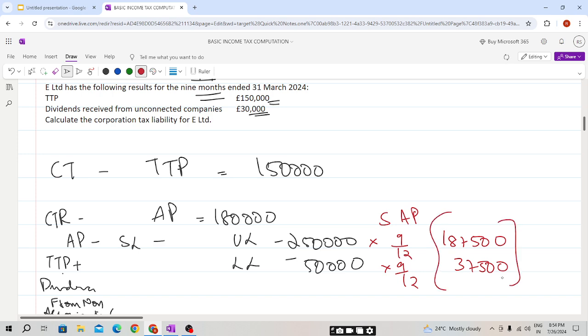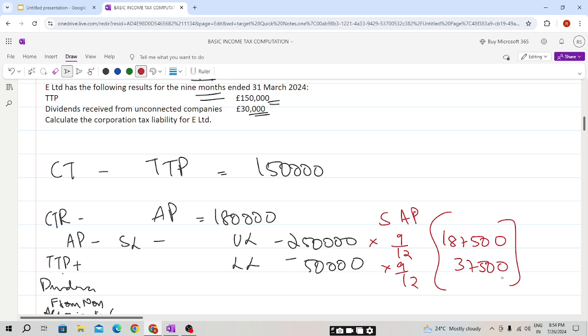Now if the augmented profit is below 37,500, it will be taxed at the small rate, that is 19%. If the augmented profit exceeds 187,500 pounds, then it will be taxed at the main rate, 25%.